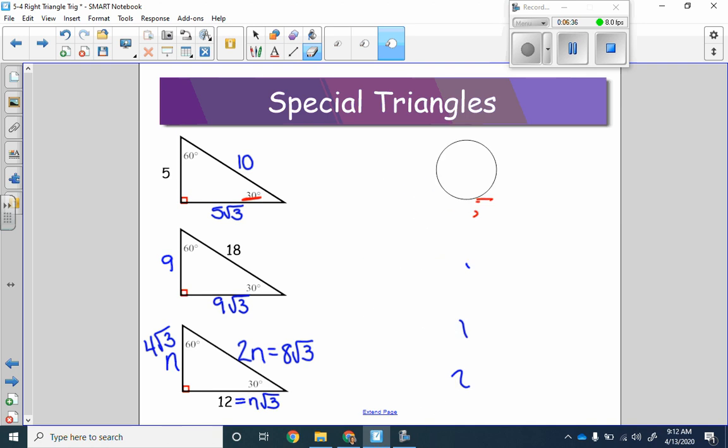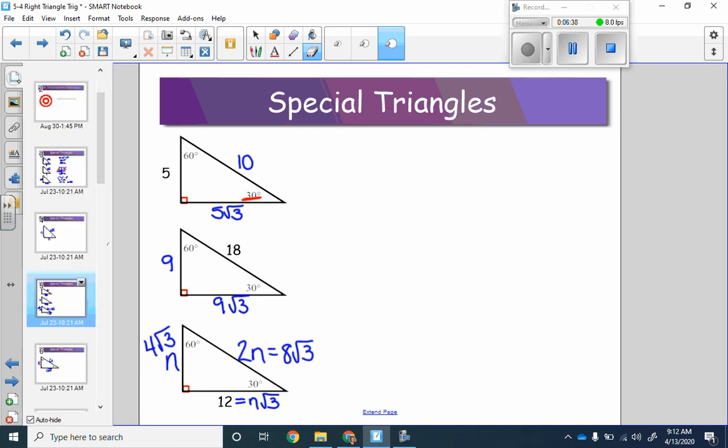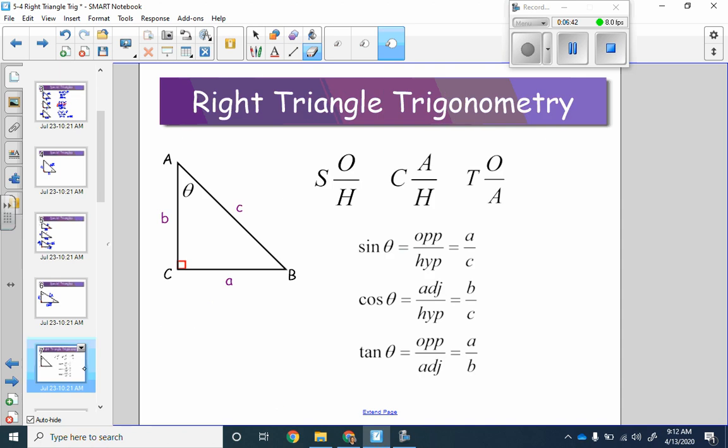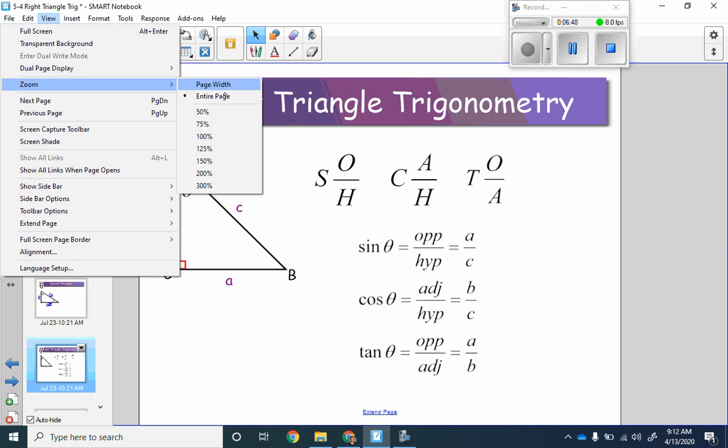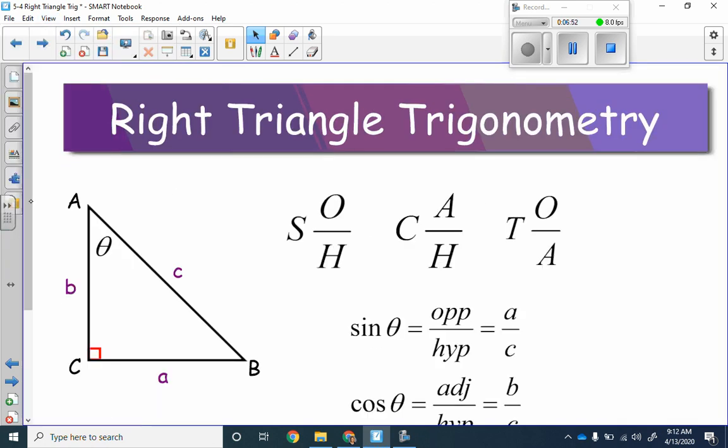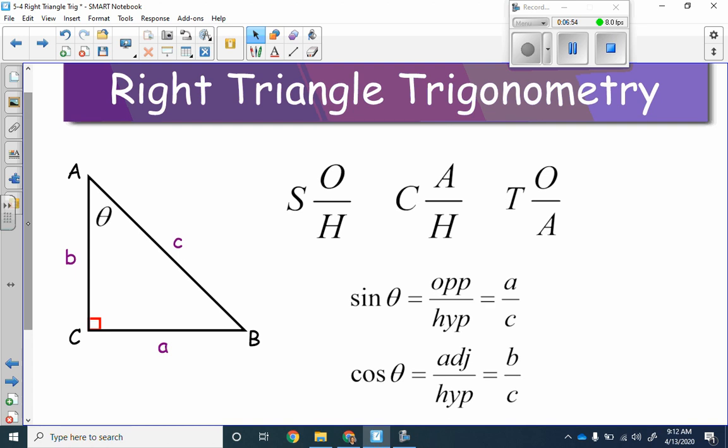All right, so now, went over all that. Now to go back to those good old days of right triangle trig, and our SOHCAHTOA days.